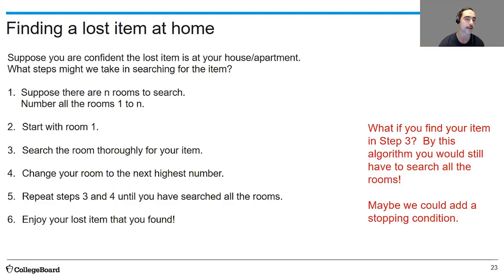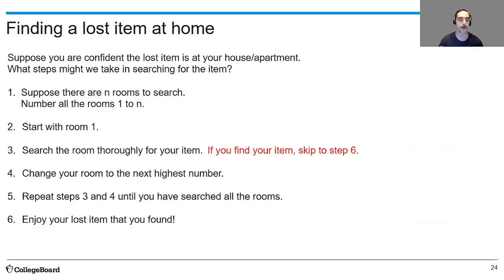So a good idea when doing iteration is to have what we call a stopping condition. In this example, the stopping condition might be: if you find your item, skip to step 6. That will allow you to get out of the loop and move on to the next part. All right, now we are going to practice.